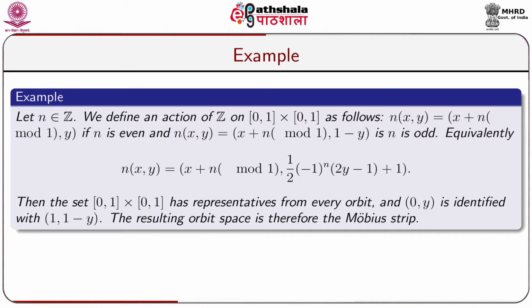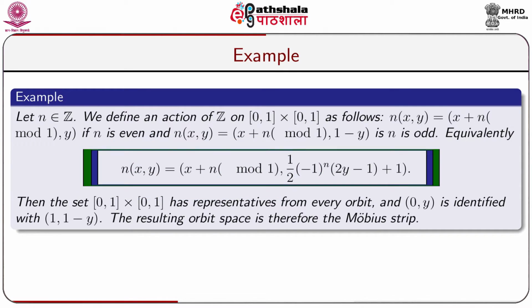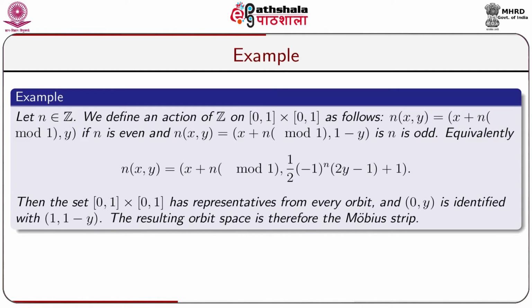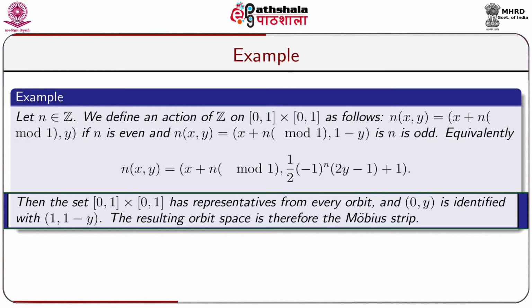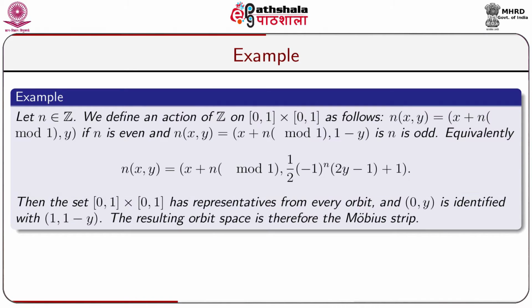Equivalently, we can say that n of (x,y) is equal to (x plus n, half of (minus 1) to the power n times (2y minus 1) plus 1). Then the set I cross I has representatives from every orbit, and (0,y) is identified with (1, 1 minus y). The resulting orbit space is therefore the Mobius strip.